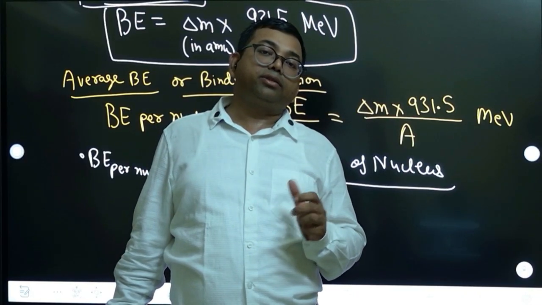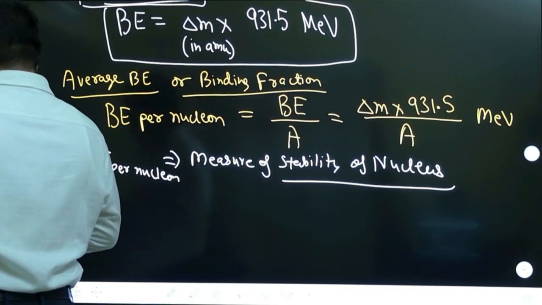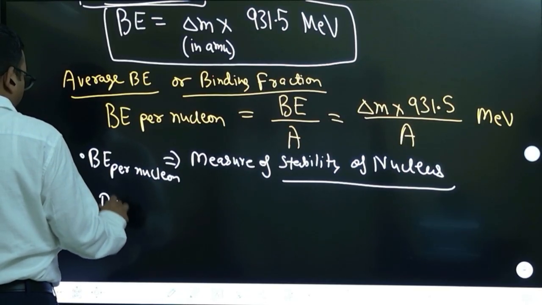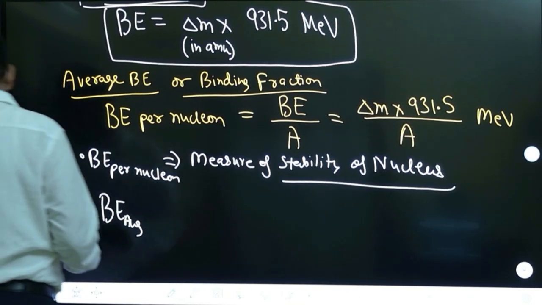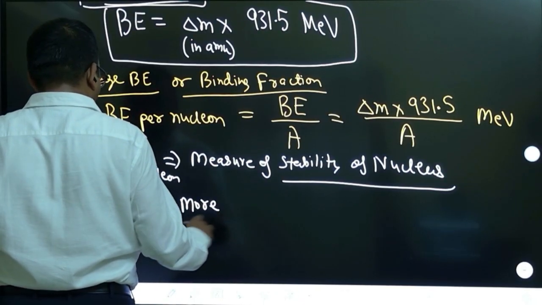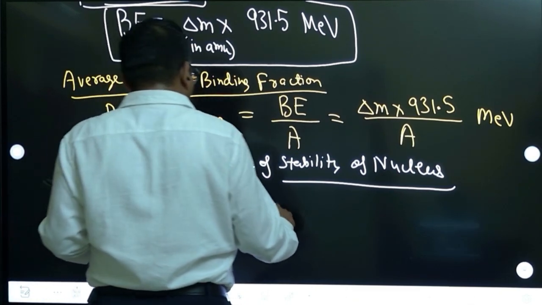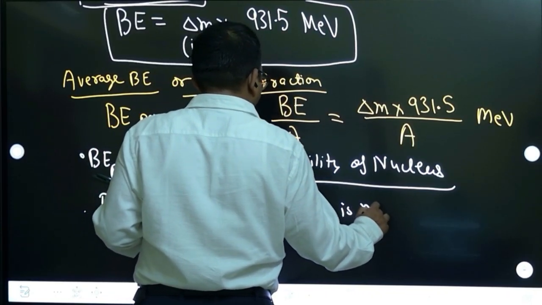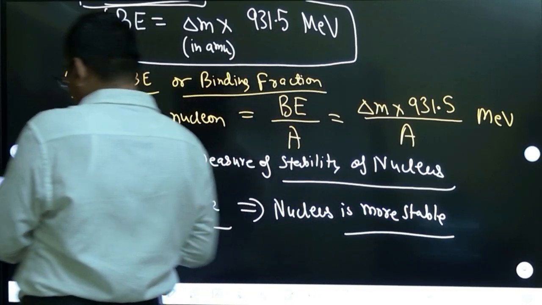Average binding energy, or binding energy per nucleon, gives this idea. So if the average binding energy is more, that means the nucleus is more stable.